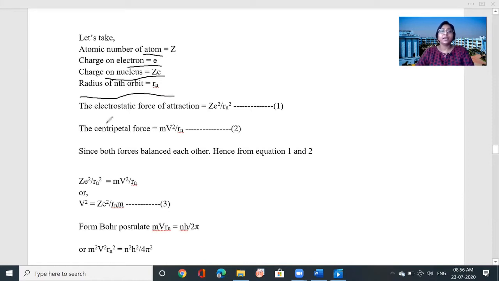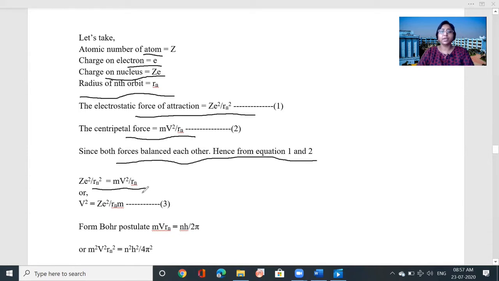Now we get the electrostatic force of attraction, that is Ze square by rn square. The centripetal force will be mv square by rn. Since both forces balance each other, from equations 1 and 2, we get Ze square by rn square is equal to mv square by rn, or we get v square is equal to Ze square by rn m.